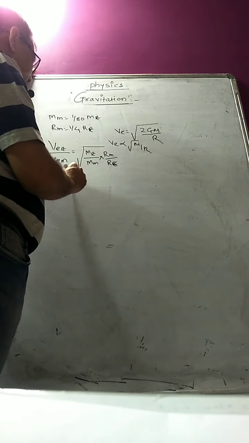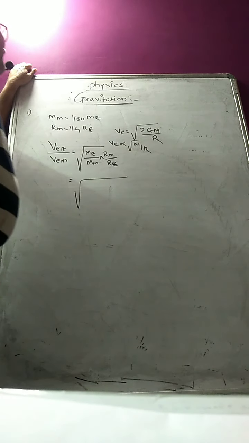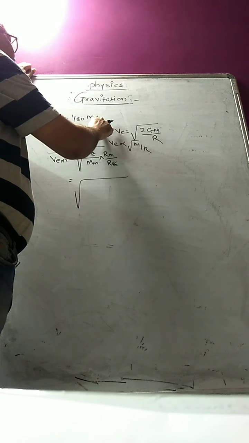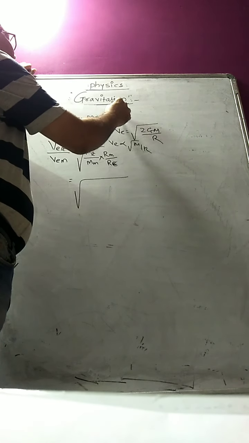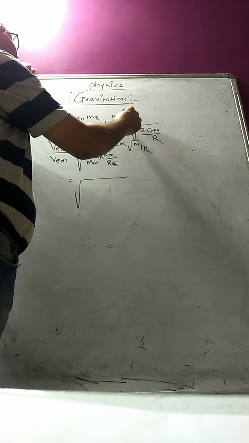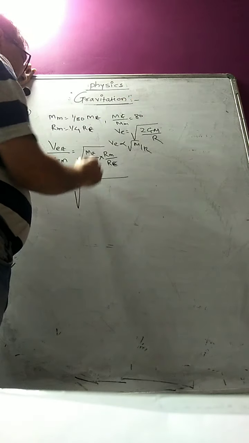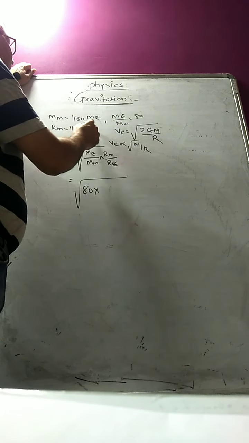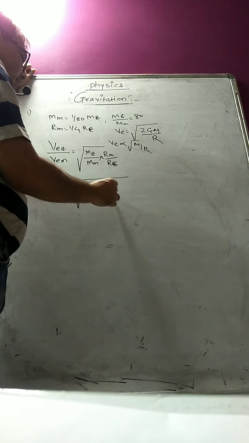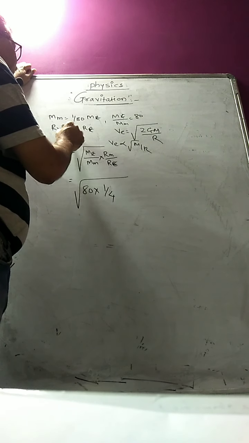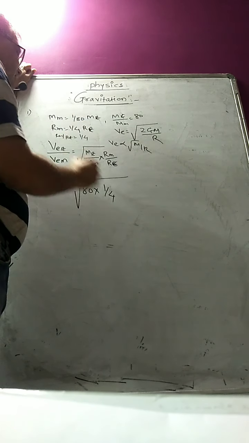Now what will be Me upon Mm? The mass of Earth to the mass of Moon is 80. So that will be 80 into Rm by Re, that is 1 by 4.